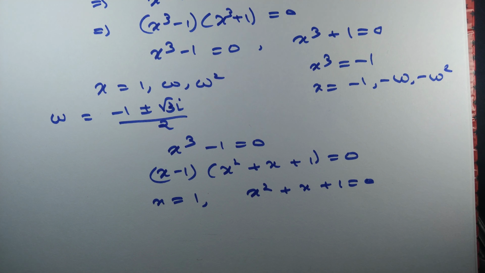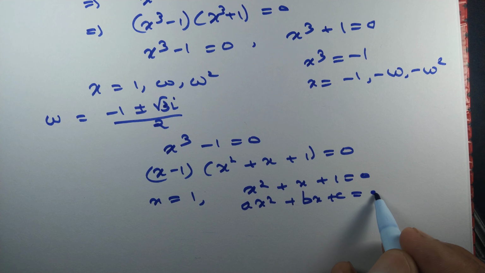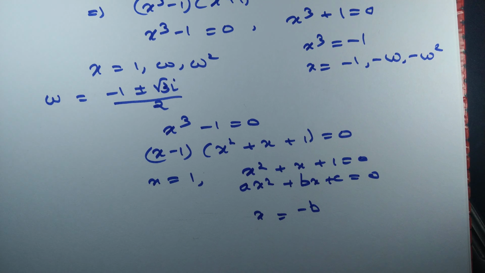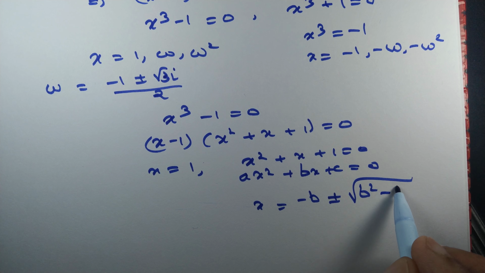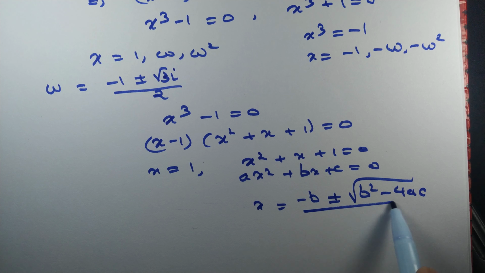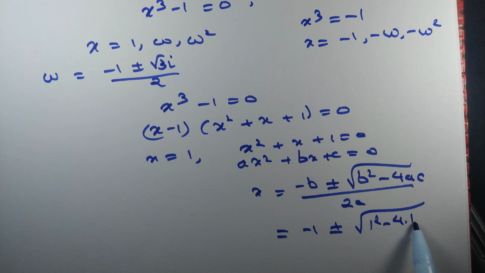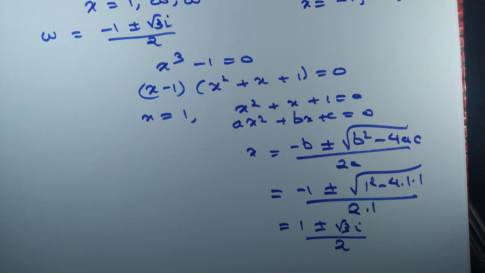We compare it with ax square plus bx plus c equal to 0, and the roots are given by minus b plus minus root over b square minus 4ac by 2a. That's equal to minus 1 plus minus root over 1 square minus 4 into 1 by 2 into 1, which is minus 1 plus minus root 3i by 2.